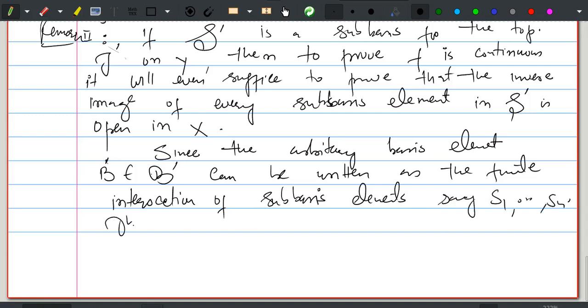That is, we can write this B prime as the intersection of these finite sub-basis elements.